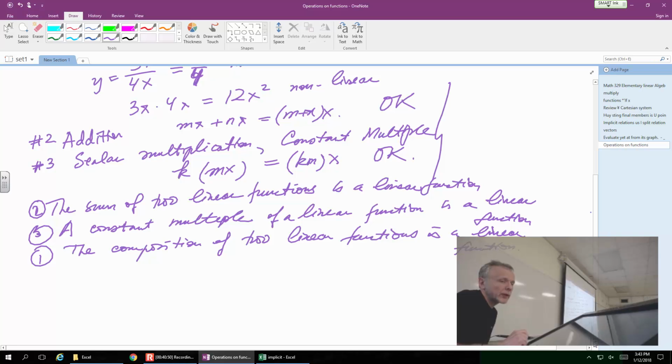The composition of two linear functions is a linear function. Can you argue that this is the case? So how can you explain it?